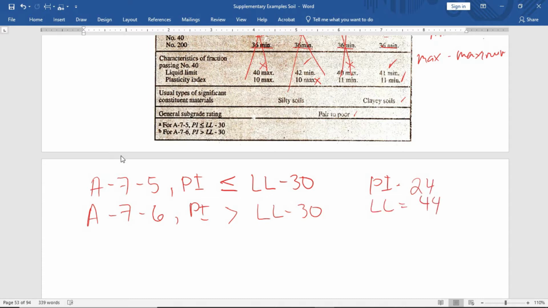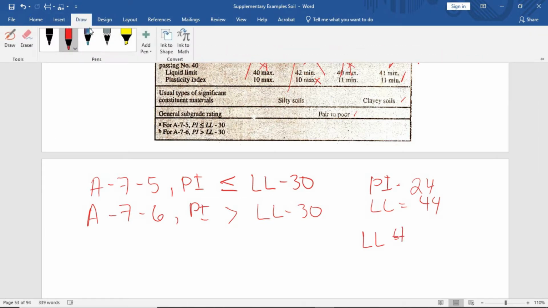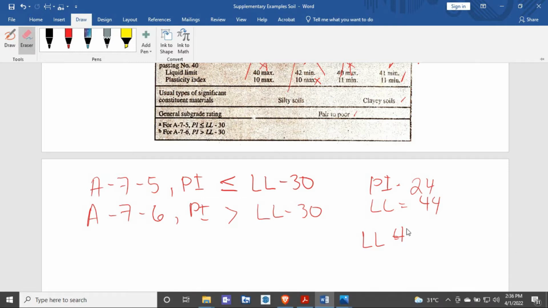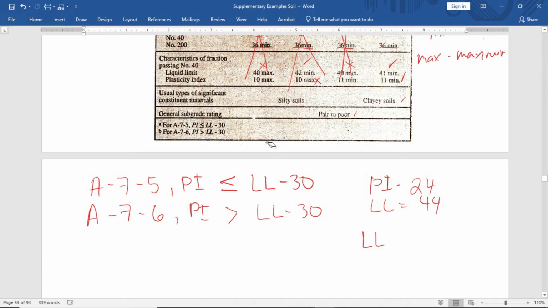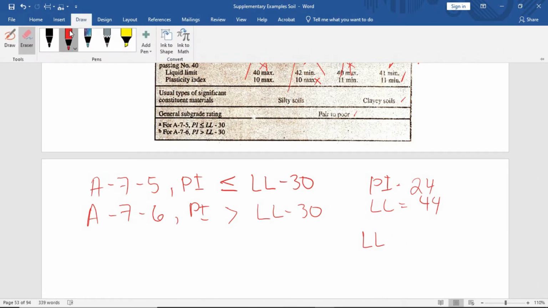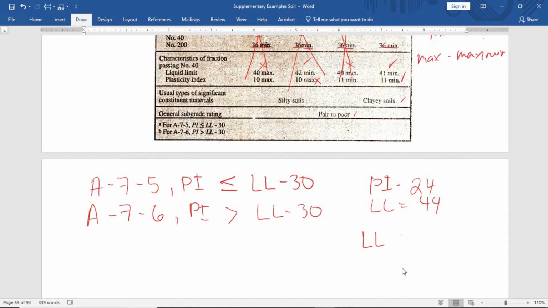Ang LL natin ay 44. So, LL minus 30 is equal to 44 minus 30.